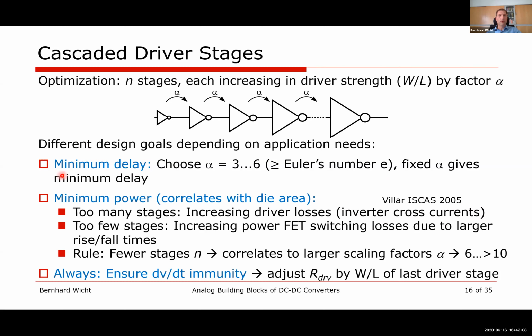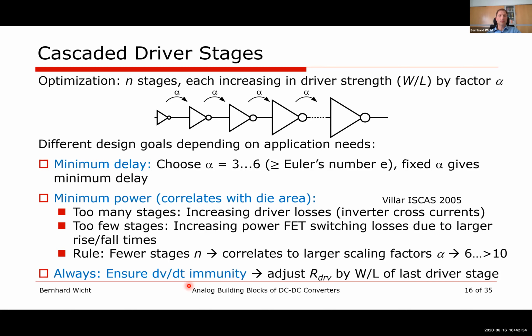Whether we go for minimum delay or minimum power, we always need to ensure that we are immune against the steep dV/dt transitions at the switching node, which relates to the Miller capacitor that we have at each power stage. This capacitive discharge current, since the Miller capacitance is a drain-gate capacitance, will couple into the gate driver.